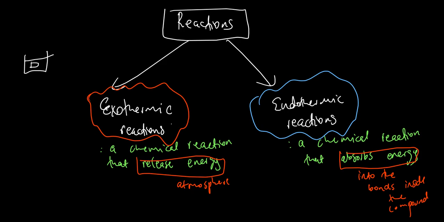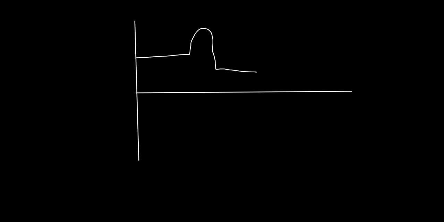So now, let's look at the graphs for exo and endo. I'm going to sketch a graph here like this, and you will tell me which one is for endo and which one is for exo. Let's see. Not so beautiful, eh?